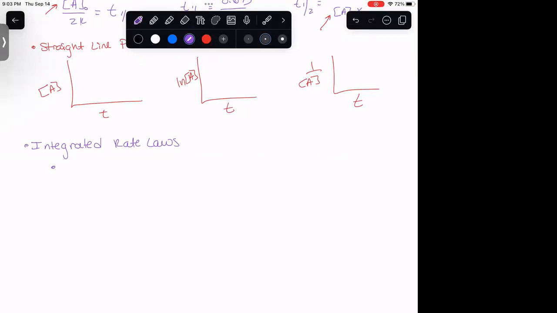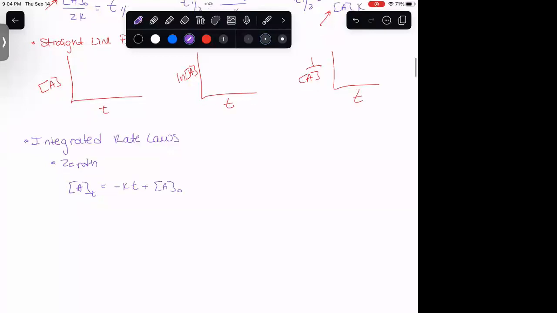Okay, I guess I'll just go. For the 0th order, the final concentration is equal to negative KT plus the initial concentration, which also means that the graph for the 0th order is going to have a slope of negative K. So we get that nice y equals mx plus b type equation right there.